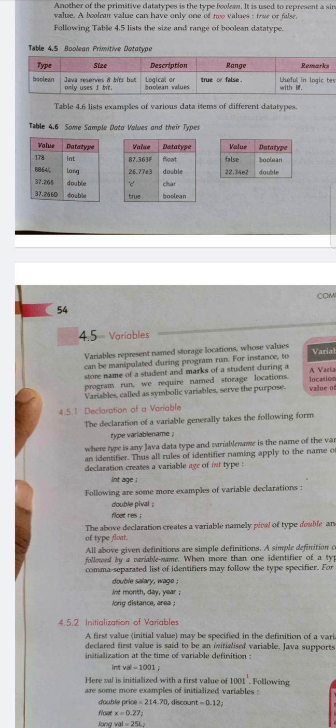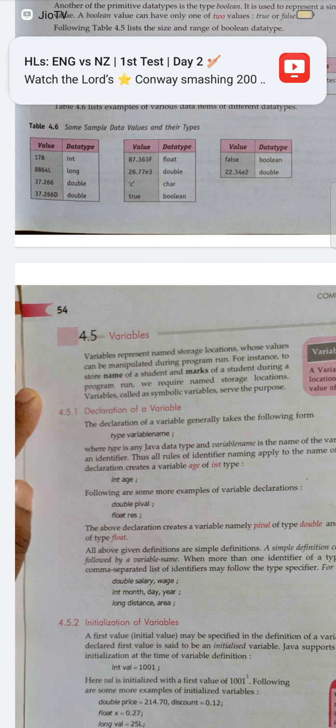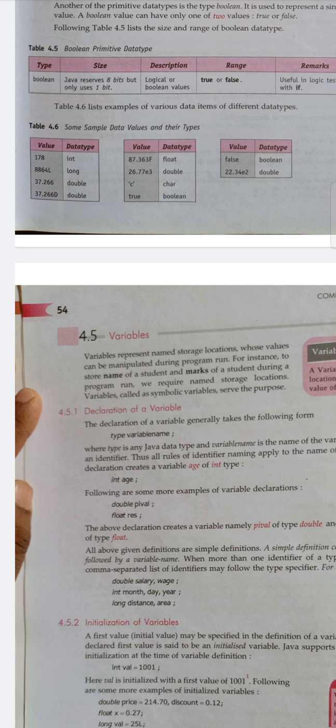First we write the data type, then give a space, then the variable name, then a semicolon. So variables are known as named memory locations whose values can be manipulated during program run.